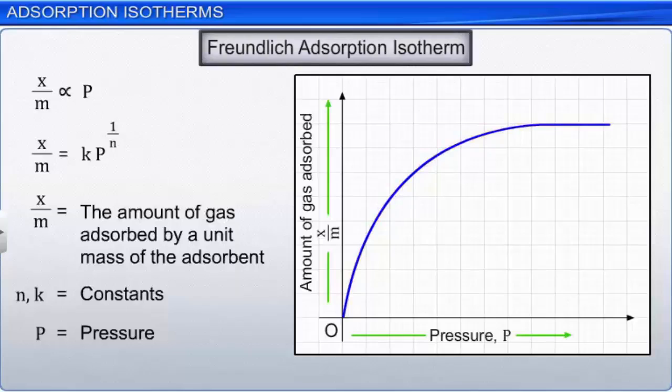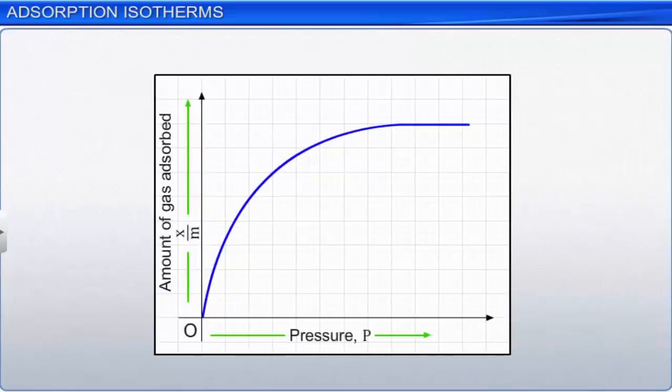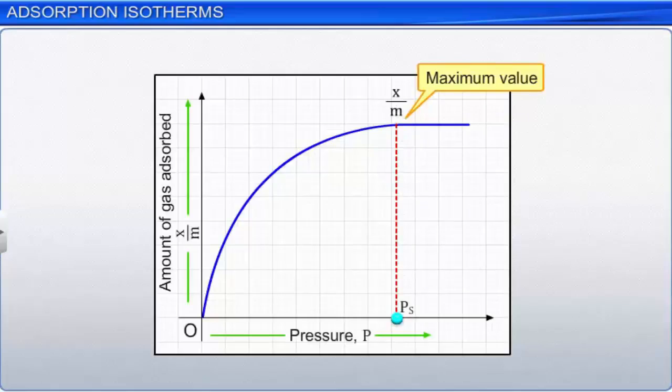In this adsorption isotherm, x/m reaches its maximum value at point PS. In other words, the extent of adsorption is the highest at this point. It can be seen from the curve that even if the pressure is increased beyond PS, the extent of adsorption remains the same.